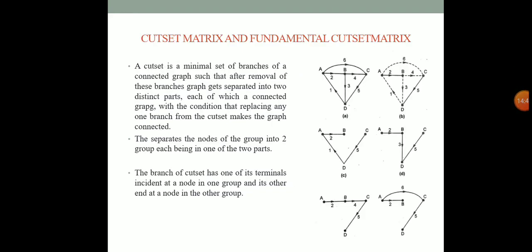Now next, cut set matrix and fundamental circuit matrix. It is a subset of the circuit matrix. It is represented by B. For a given graph, select any tree or remove all links. Then replace each link one at a time. It will form a closed path or closed loop or closed circuit along with some of the tree branches existing.